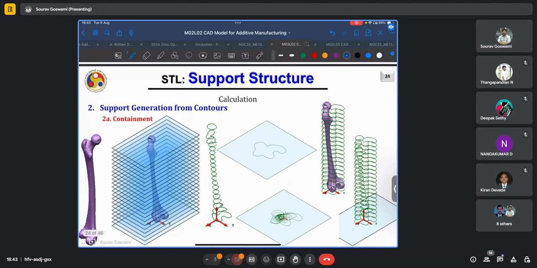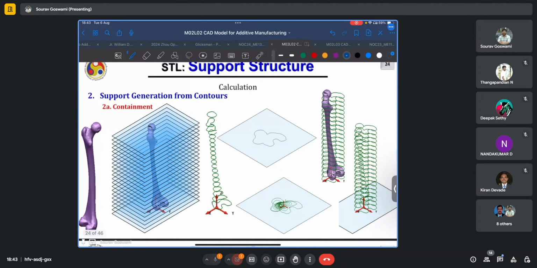So in this case of the human bone, the human femur here, you project all of these slices onto the build plane, or on z equal to 0, and you come up with this bounding box, which is shown here. And then for each layer, you subtract the corresponding contour of that layer.